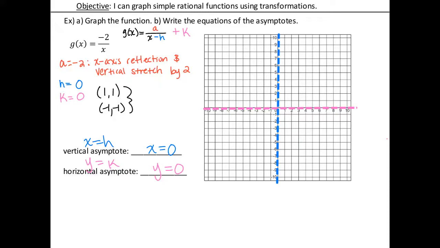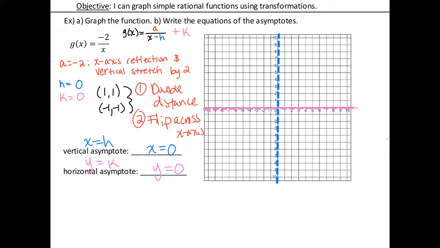So our parameter a tells you x-axis reflection and a vertical stretch by 2. That order doesn't really matter, but I like to double the distance first, and then you flip across the x-axis.